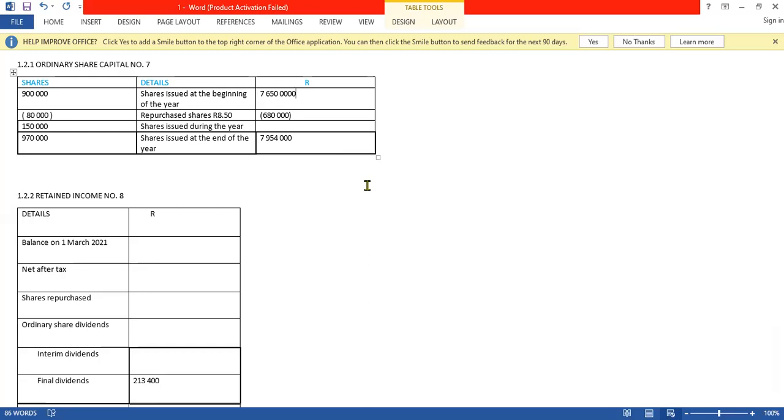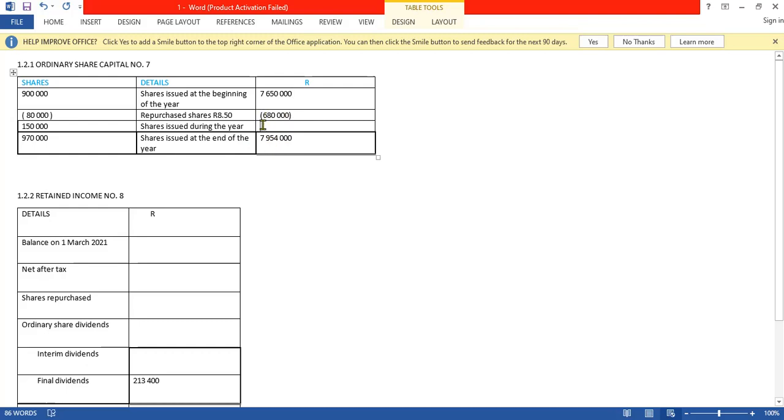So now that we have 900,000 shares and 7,650,000 as a total cost, and we have the total cost for repurchased shares, we don't have the total cost for shares issued during the year, but we have the total cost of the shares that we had at the end of the year.